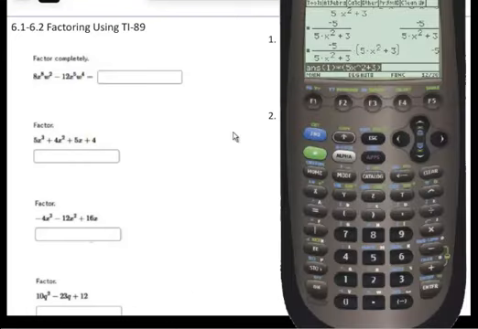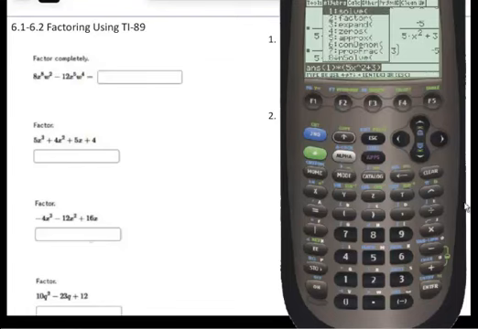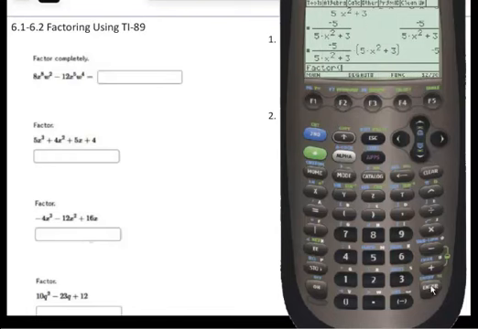If you're looking to factor any expression on the TI-89, you can access it through this F2 Algebra tab. It's the second option. And then you just type in your expression exactly as it appears. So I'm going to use this second one right here. So we get 5x to the third plus 4x squared plus 5x plus 4.